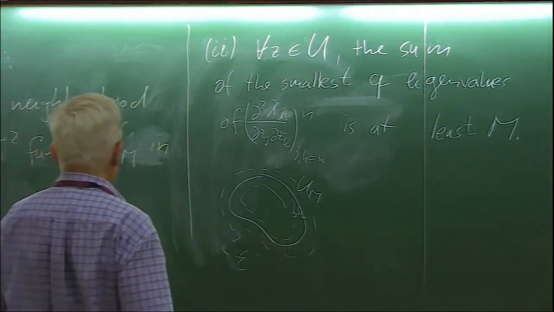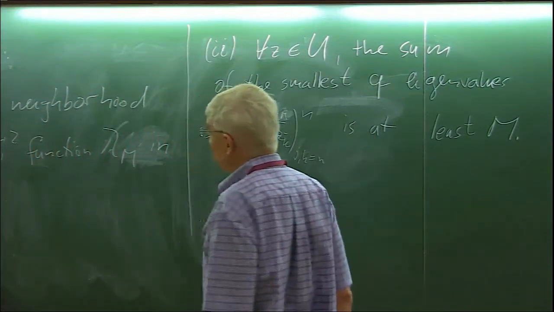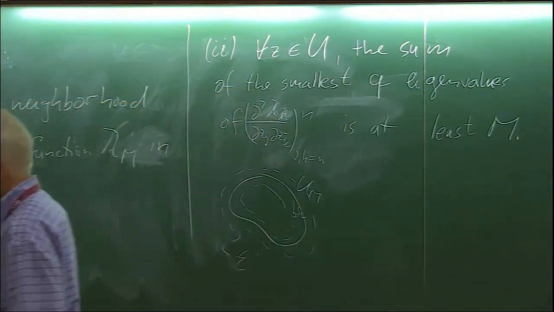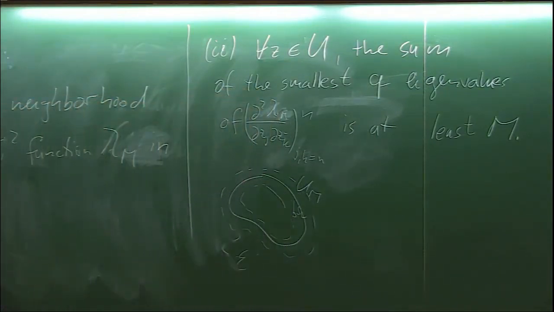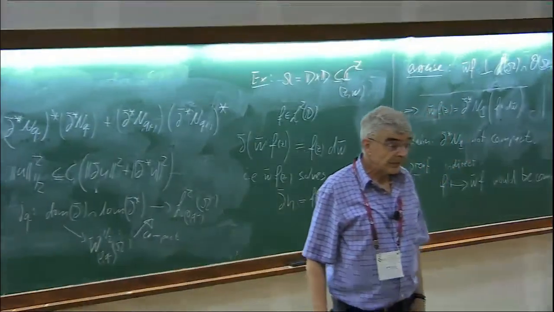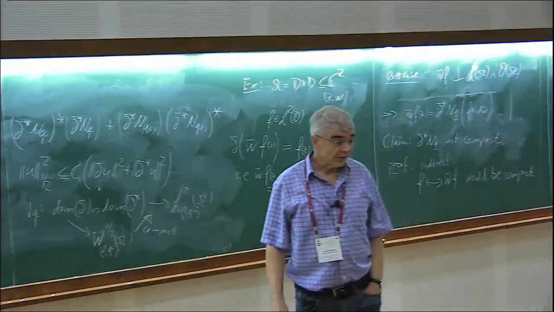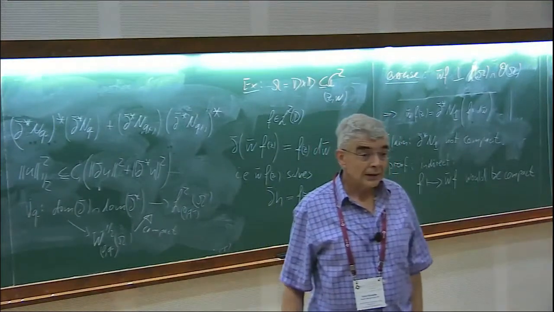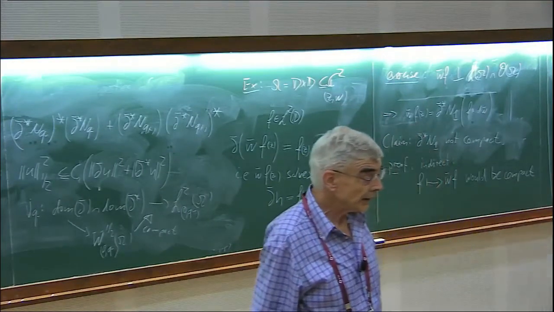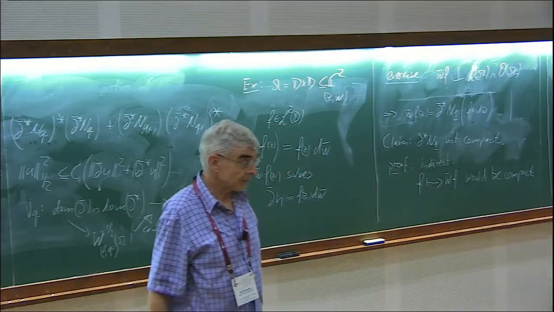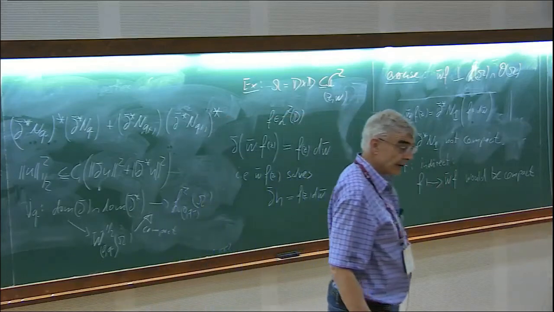Now, it's not totally out of the blue that this should be useful for compactness. If you recall, the estimate we have was the integral of the Hessian of a function applied to U, dominated by d bar U and d bar star U. If the Hessian is big, this says a big number times the norm of U squared is dominated by d bar U squared plus d bar star U squared.